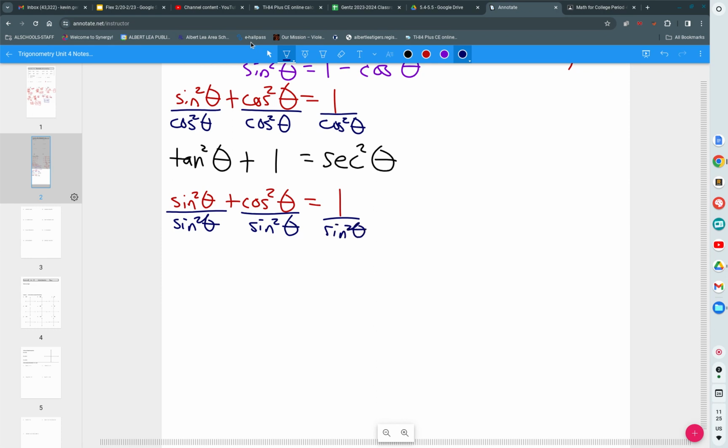What is sine squared over sine squared? 1. What's cosine squared over sine squared? Cotangent squared. And what's 1 over sine squared? Cosecant squared of theta. Do you see that formula on your sheet? Which one is that? Number 7.